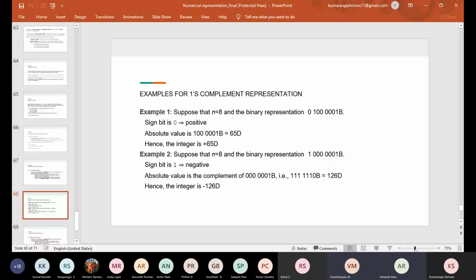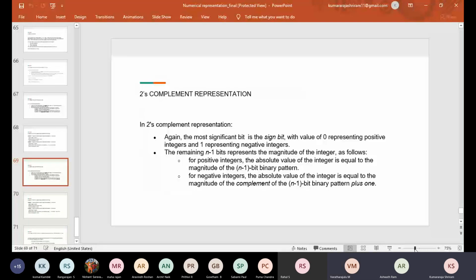The next one is the 2s complement. Can you see the slide? Go to the 69th slide, 2s complement representation. Now it is fine.